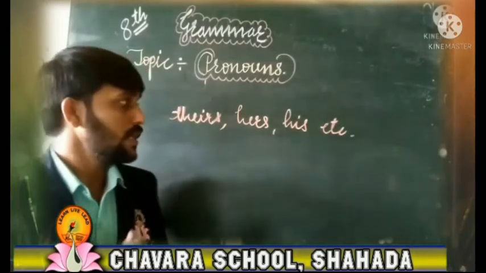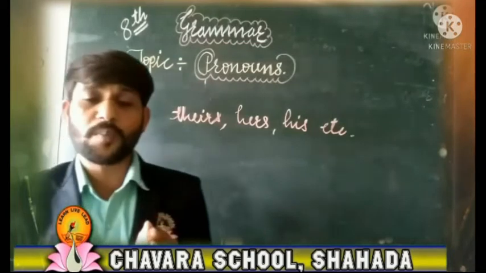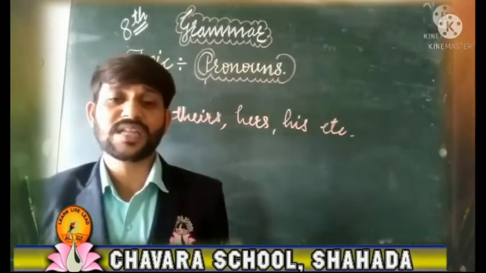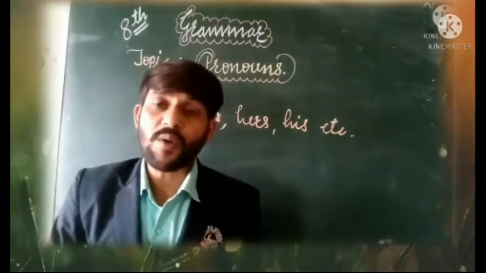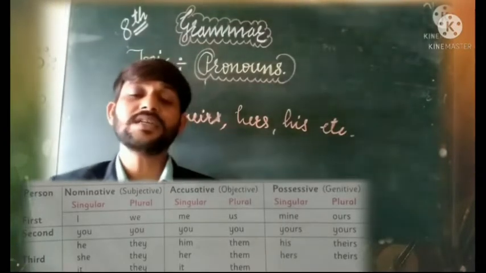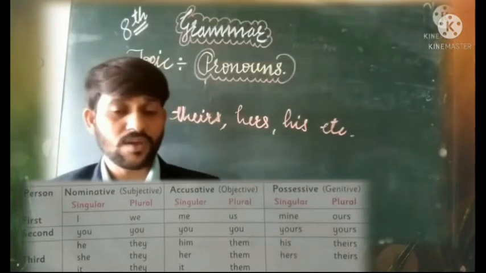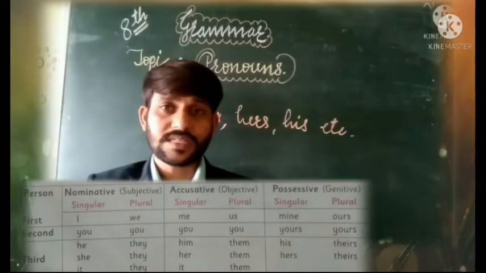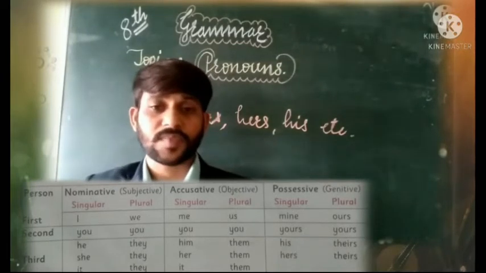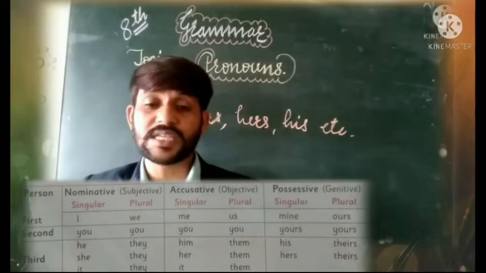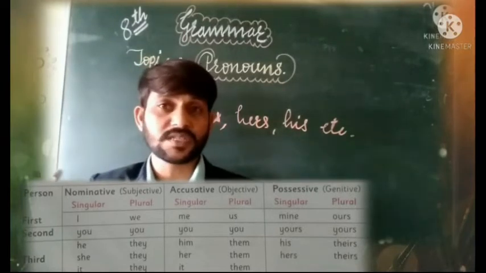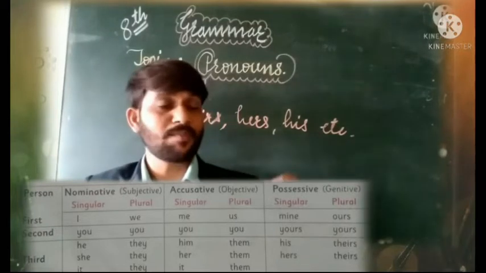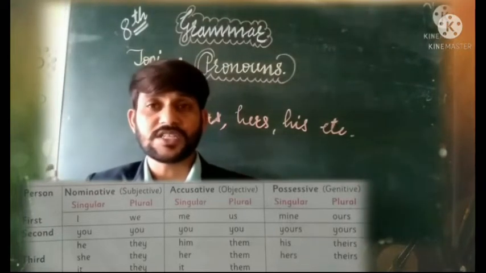Now see the next point in the topic, that is, as per the persons: first person, second person and third person. Their chart is given. Let us see the chart and study it well. The cases are nominative, that means the subjective case; accusative, that means the objective case; and possessive, that means the genitive case.